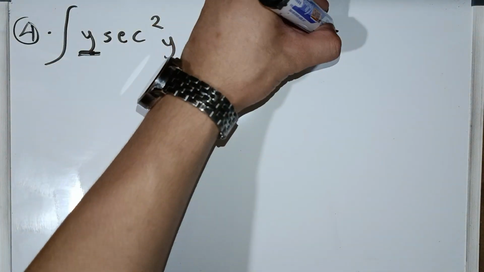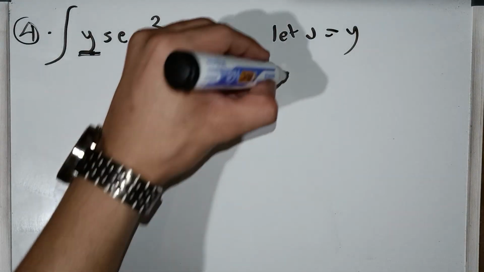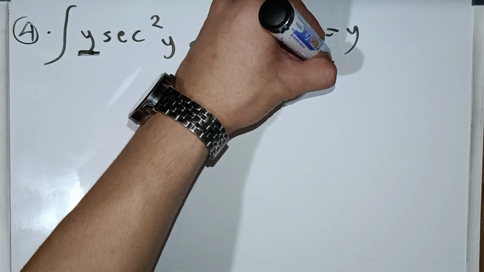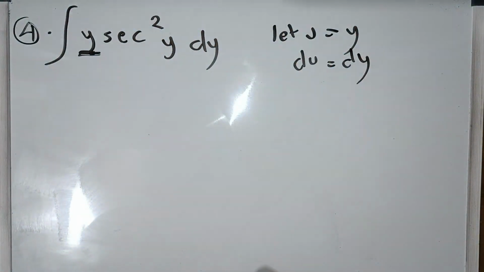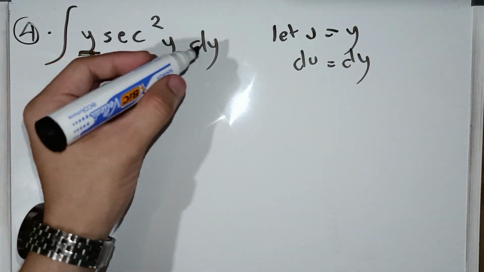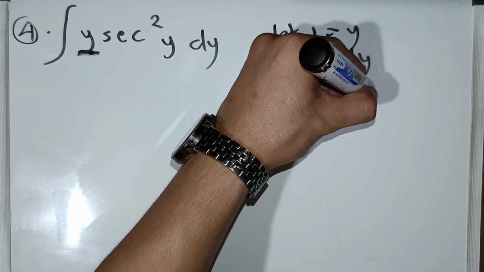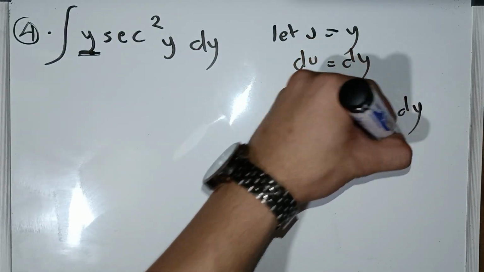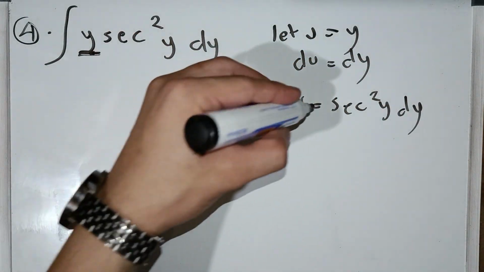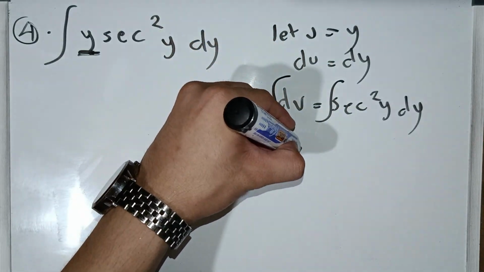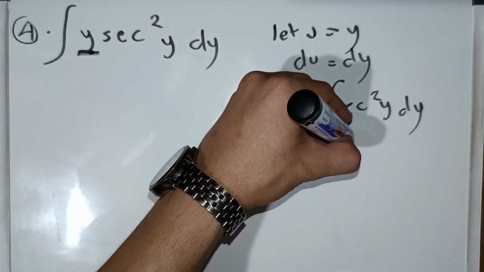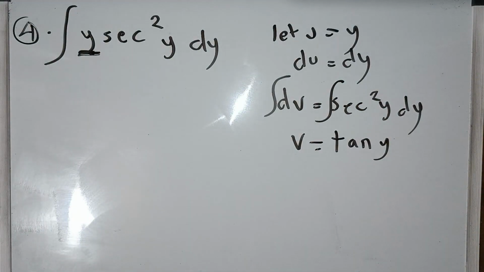So letting u is equal to y, the derivative of this is equal to dy. For our dv, dv is equal to secant square y dy, and the integral of this will become tangent y.